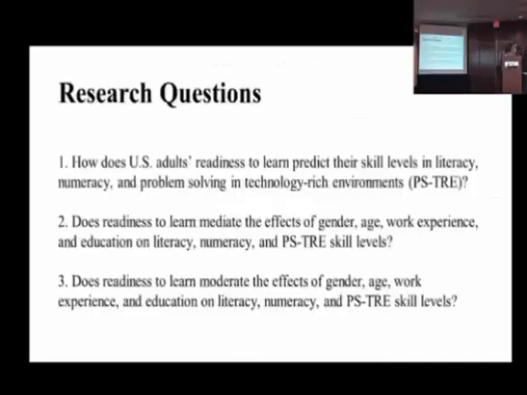So this is my bit very briefly. Amy alluded to our research questions. We had two sets of 3 questions. The first set of questions pertaining to readiness to learn, predicting skill outcomes, and then looking at the extent to which readiness to learn mediates partially or fully the effects of these important demographic background factors, age, education, gender, and work experience on the skill levels, and also looking at the extent to which readiness to learn moderates the effects of these background factors.